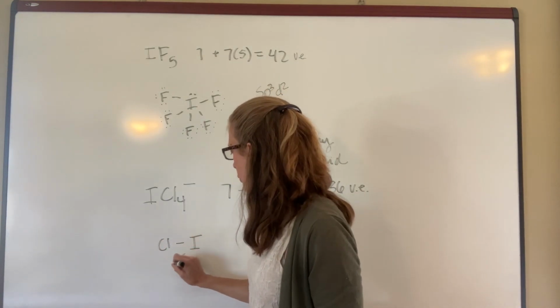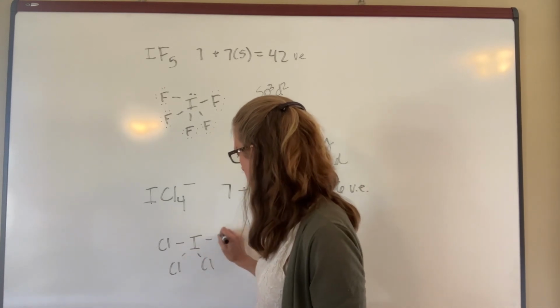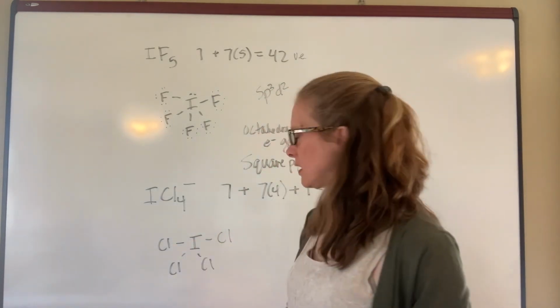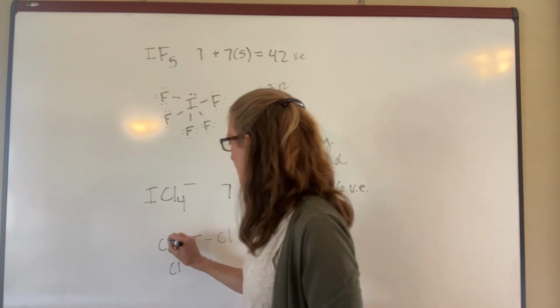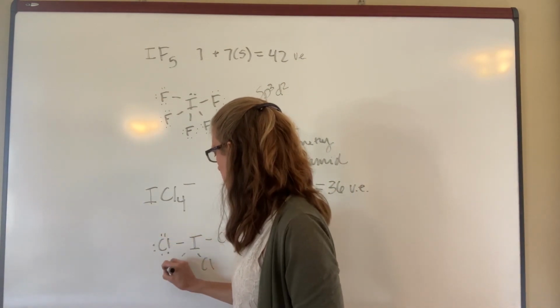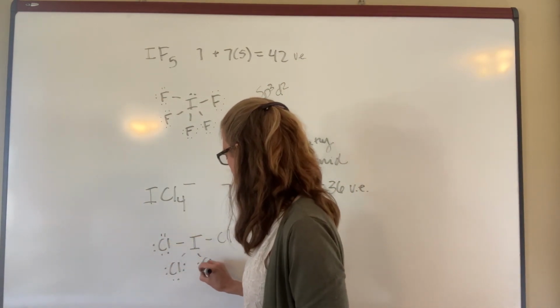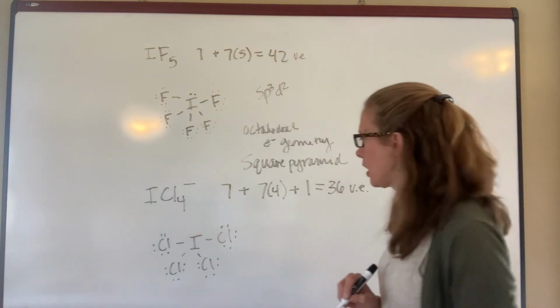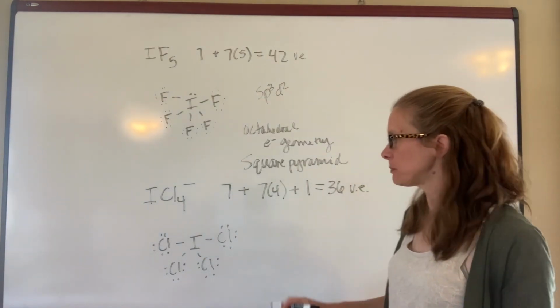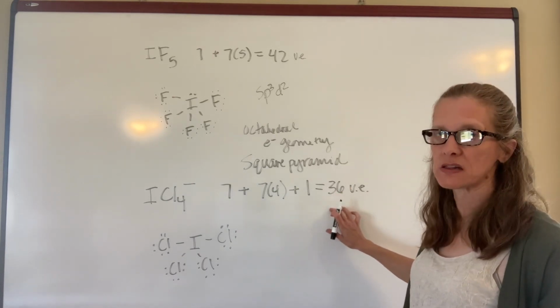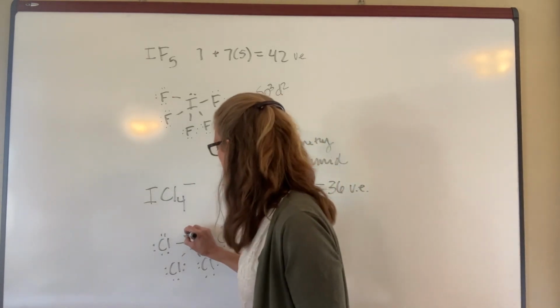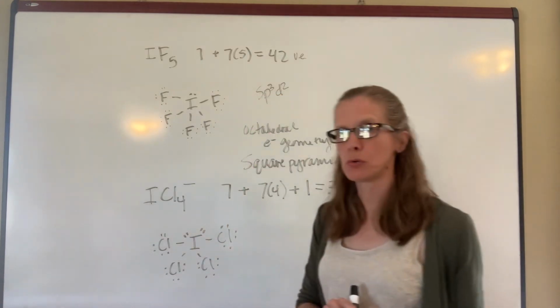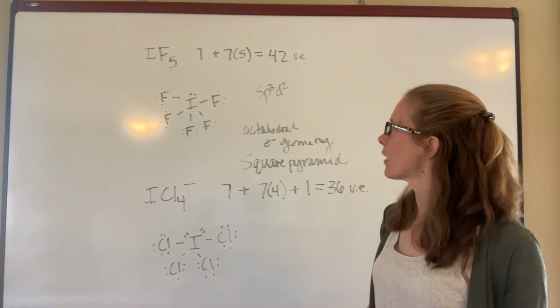I've got 4 chlorines attached. So I've used 8 electrons so far. 8, 10, 12, 14, 16, 18, 20, 22, 24, 26, 28, 30, 32. Everybody's satisfied. Everybody has an octet, but I've got 4 valence electrons I haven't used. And so I'll put two lone pairs stuck on that central atom.